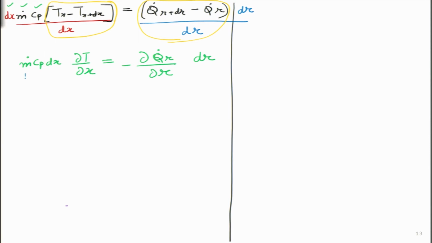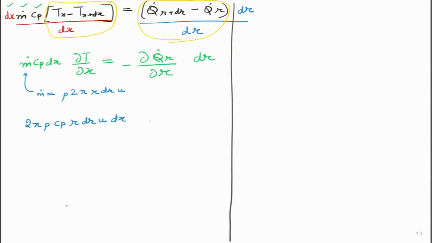Now, I will substitute over here the value of m dot, which we already had as rho 2 pi r dr into u. And what I get is 2 pi rho Cp r dr u dx.